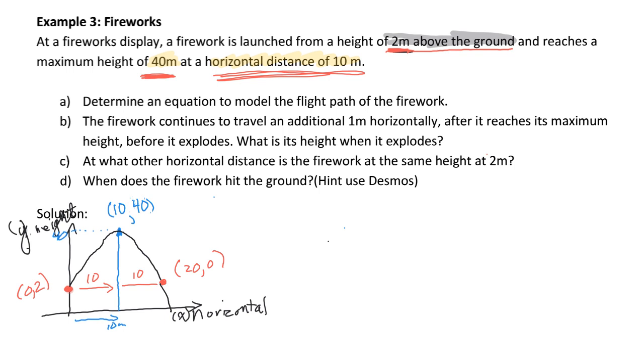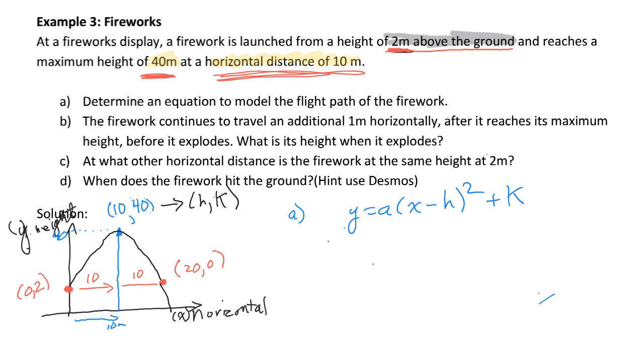So remember, if we have something in vertex form, we always start with y equals a(x minus h) squared plus k. Because we have our vertex clearly labeled, we can use that as the point (h, k) in our basic equation.